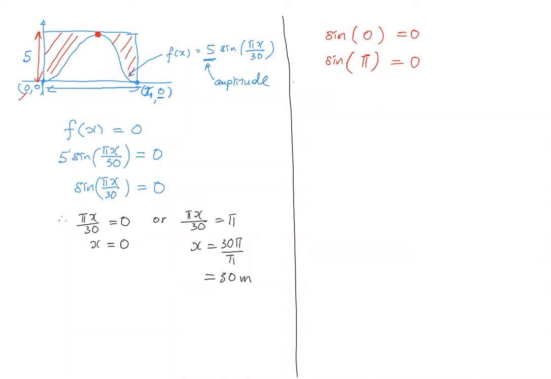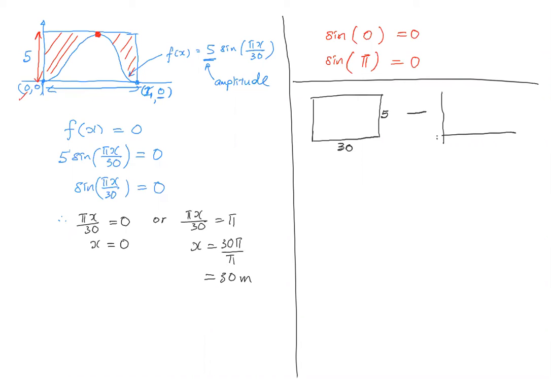Okay, good. So now what I need to do is I want to know the red region, correct? So I take the rectangle, which is 30 and 5, take away the area bounded by this curve from 0 to 30.